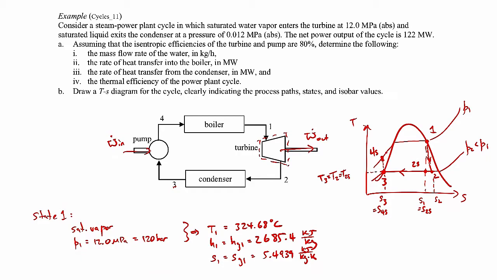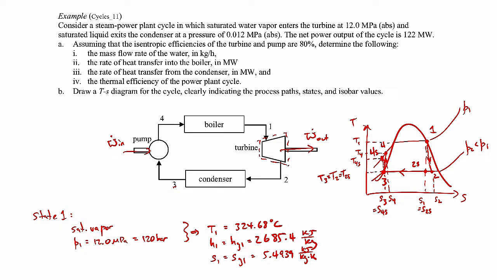State 4 will be at a slightly larger specific entropy. S4 will be larger than S3 because the pump is not 100% efficient. And if you look at the temperatures corresponding to these, you can see T4s will be a little bit less than T4, and both, of course, are less than T1 up there.